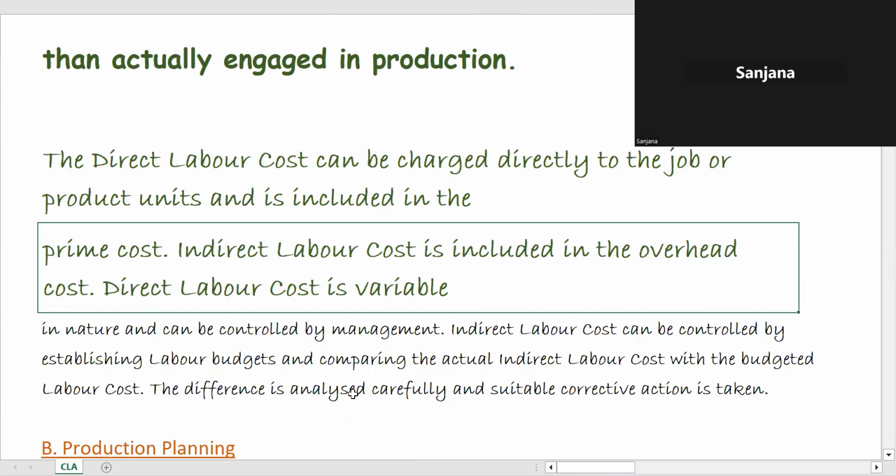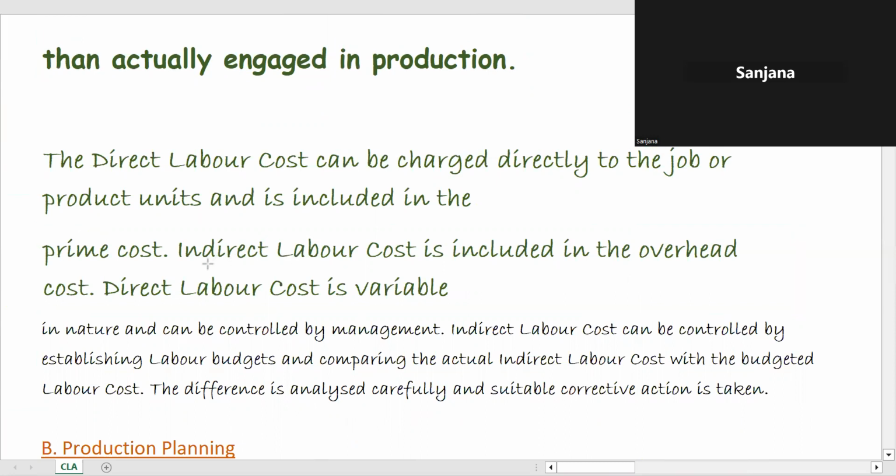So indirect labor is a part of overhead. In the first chapter, we talked about the fact that indirect material plus indirect labor plus indirect expenses is equal to overhead, right? So indirect labor cost is included in overhead.